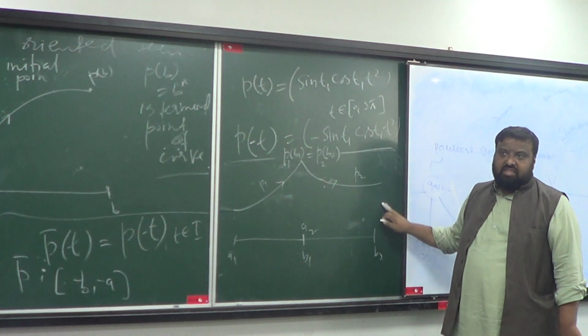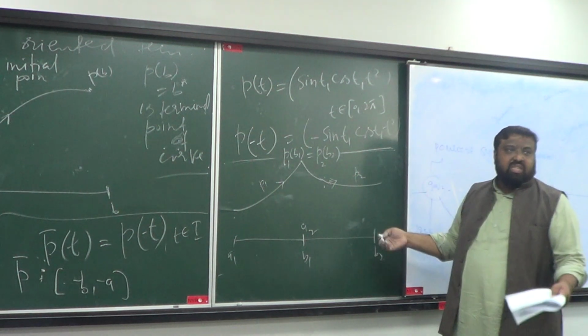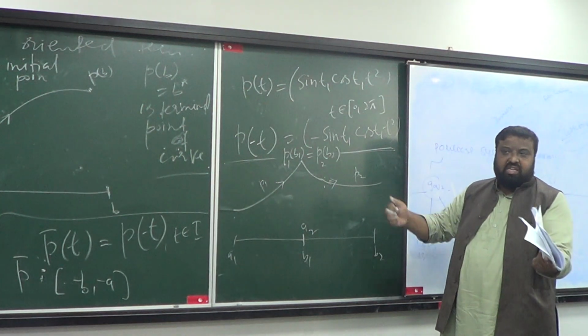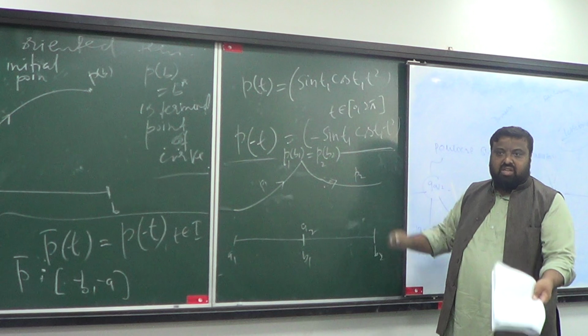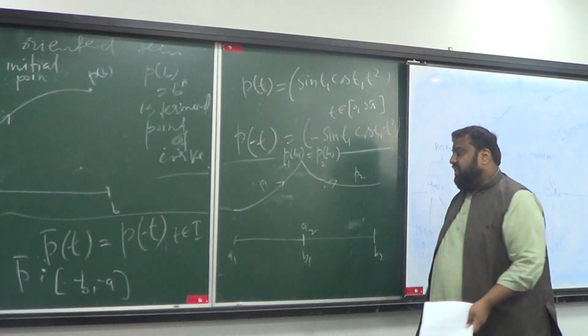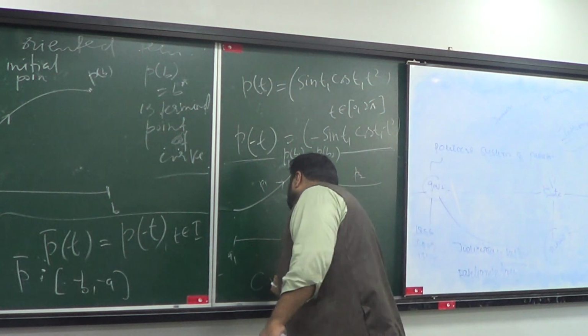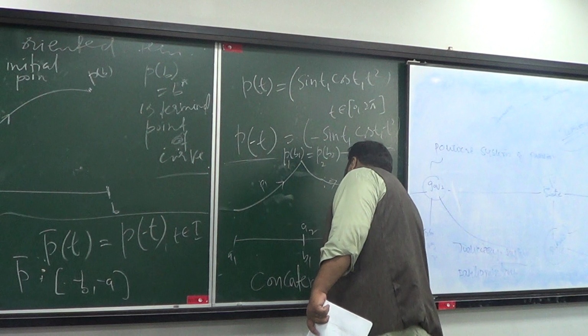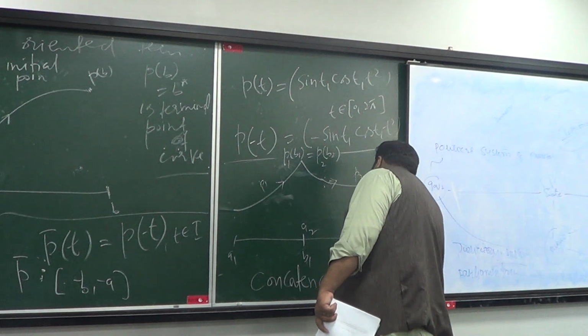I don't want to treat this as two curves. So in other words, I have curve segments. I want to join them if I want and create new curves out of it actually. Okay? And this process of joining two curves is essentially called concatenation actually. So it's like concatenation of curves.